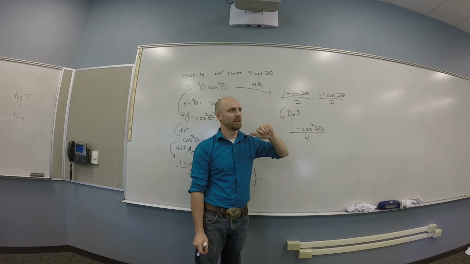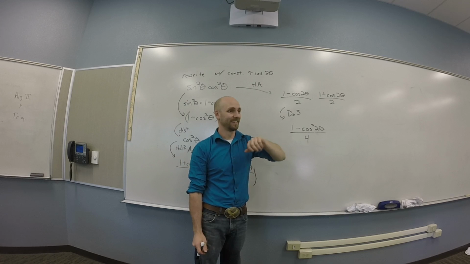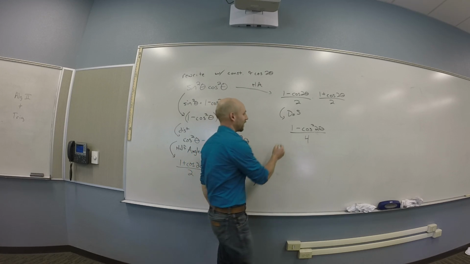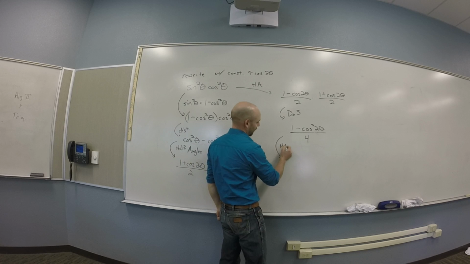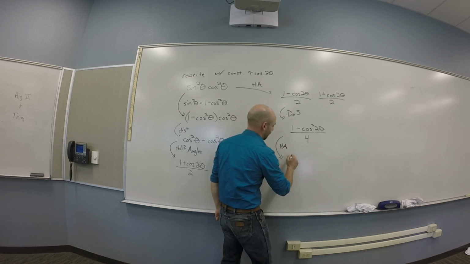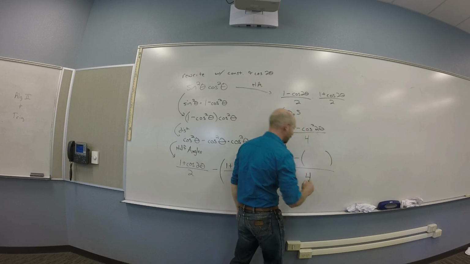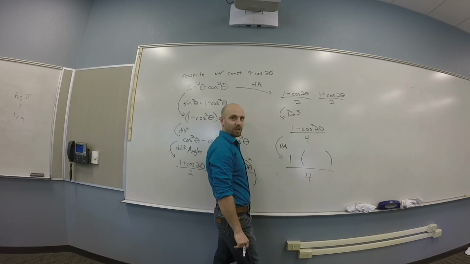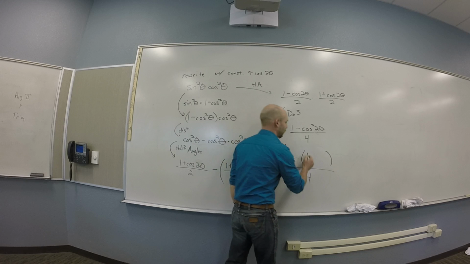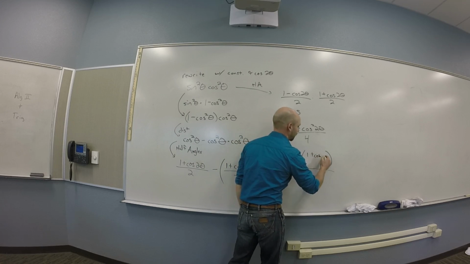You guys recognize that? You could use the half angle again, right? So if you use the half angle again, you get 1 minus, and then in there should go the half angle formula for cosine, right? Which is 1 plus cosine of twice something all over 2.